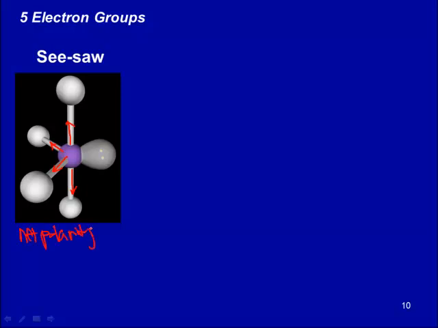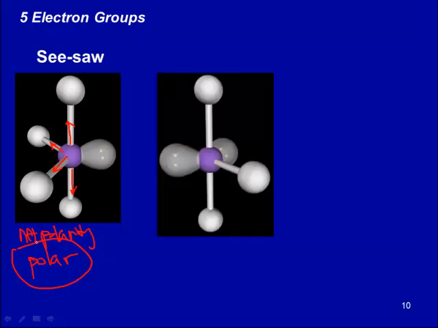So if individual bonds are polar, the whole molecule will be polar with this particular spatial arrangement. Now if we take 2 electron groups, in this case 2 lone pairs on the central atom, you will have a shape like that.